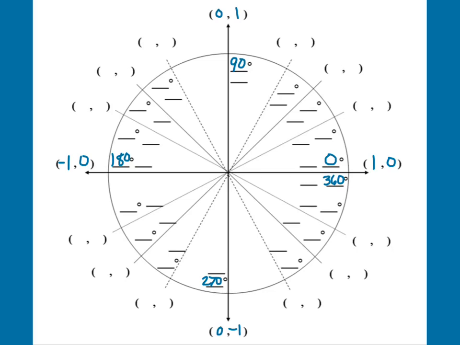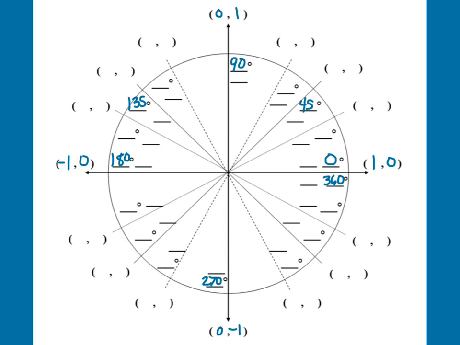Next, let's take a look at quadrant 1. We have this 90-degree angle here, and if we take 90 degrees and divide it by 2, we would form 45 degrees perfectly in the middle. So let's label 45 degrees right here, and we're going to count our way around the circle using multiples of 45. 45 degrees plus another 45 makes 90, and if we count 45 degrees more, we would have 135 degrees.